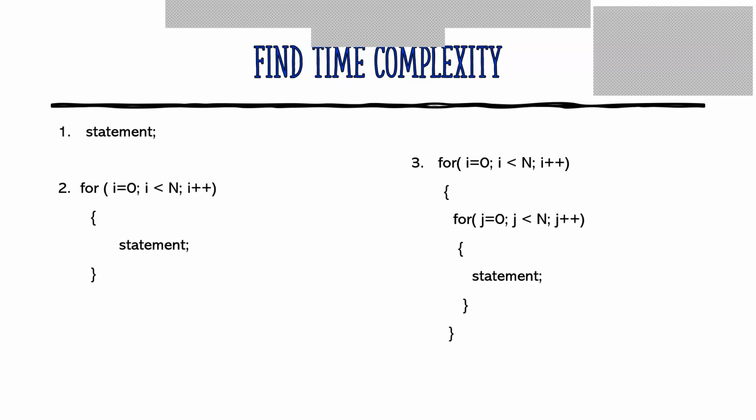Big O n is the correct one. In statement one, what will be the big O notation? Constant. Whenever you have constant, your big O notation will be 1. So time complexity for this expression will be O(1).